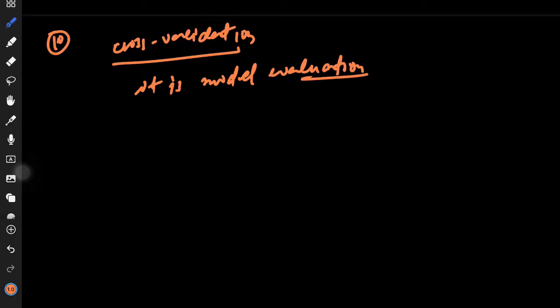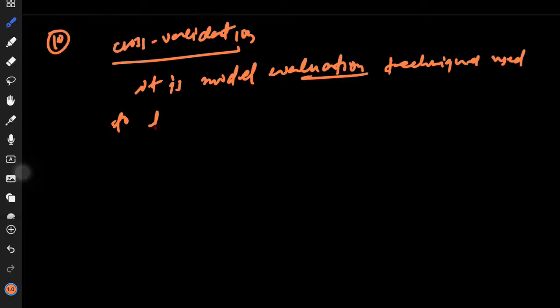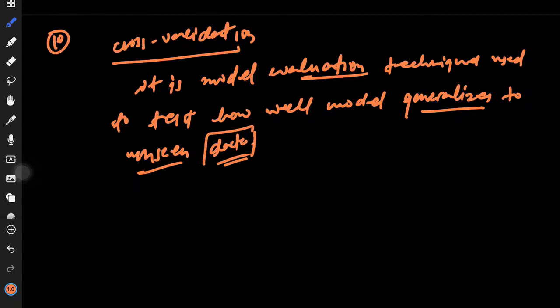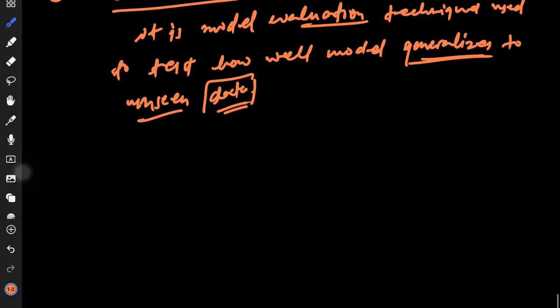It is a model evaluation technique which is used to test how well a model generalizes to unseen data. So it is a generalization technique. It is a model evaluation technique which is used to test how well a model generalizes to unseen data.